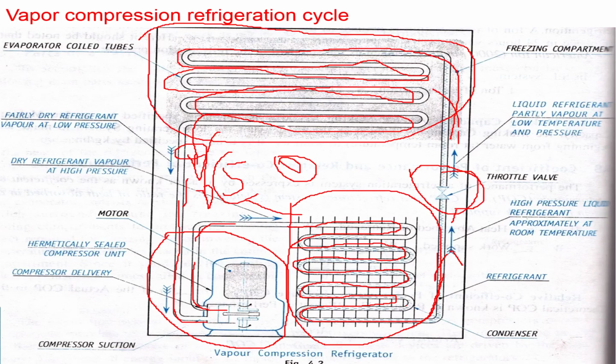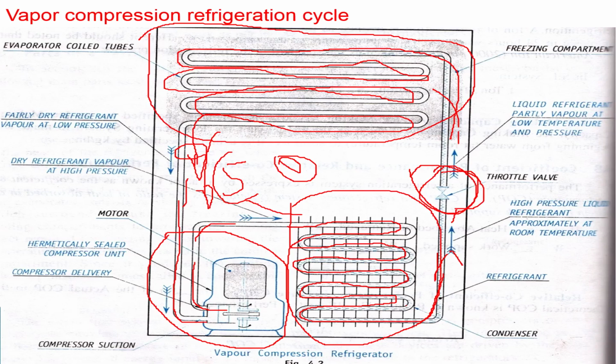This high pressure liquid refrigerant comes out of the condenser and is taken into the expansion valve where it expands to original pressure. Here in the compressor we increase the pressure, say from 1 bar to 10 bar. Here the pressure is again dropped after expansion from 10 bar to 1 bar.